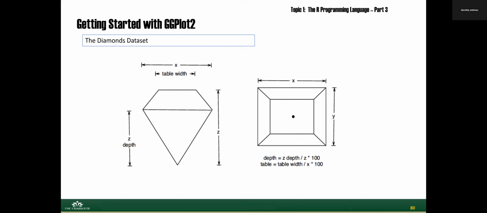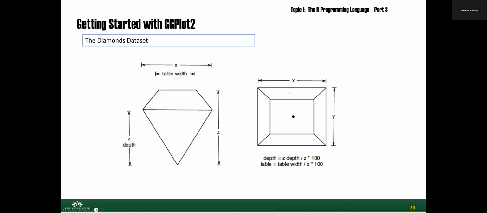And then we have the Z depth, which is from the table down, and then the total height or the depth. It goes from the top facet, the top flat surface, down to the bottom of the diamond.